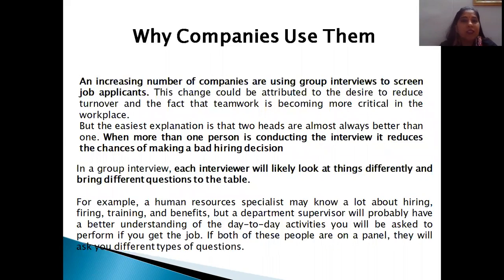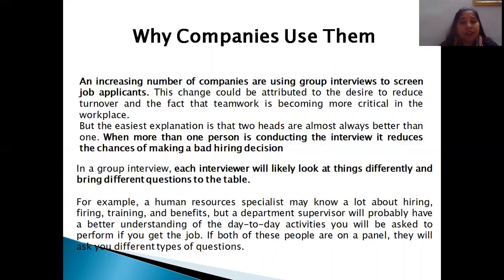So why do companies use group interviews? An increasing number of companies are using group interviews to screen job applicants. This could be a desire to reduce turnover and the fact that teamwork is most crucial these days. So to check the teamwork between the different applicants, companies might think of going for a group interview.